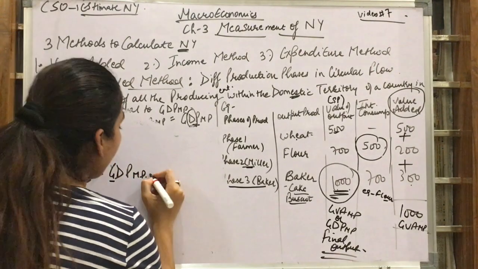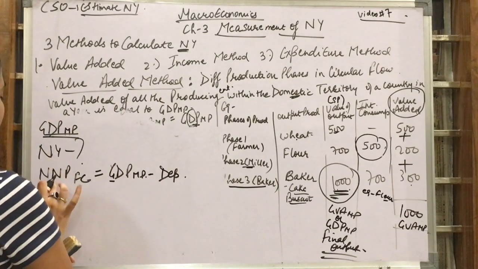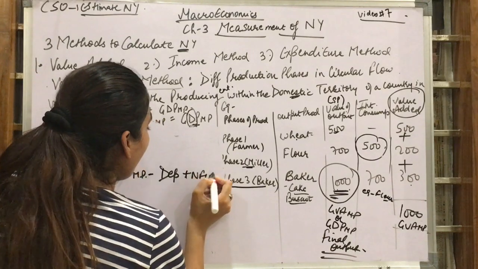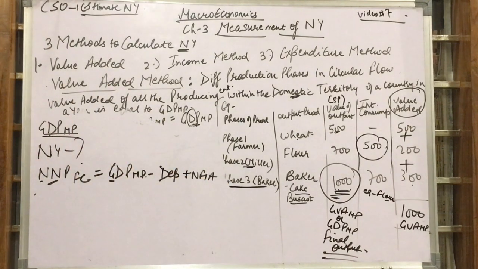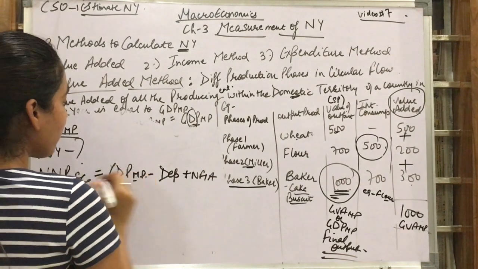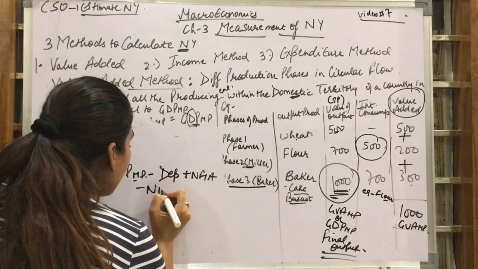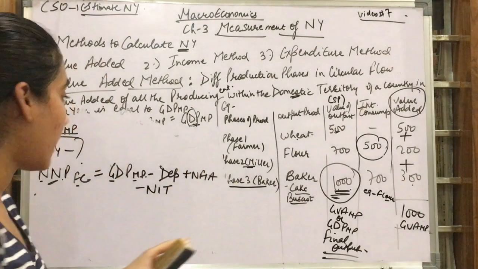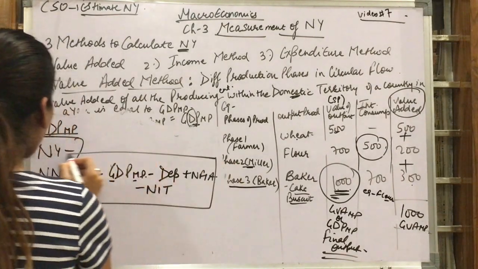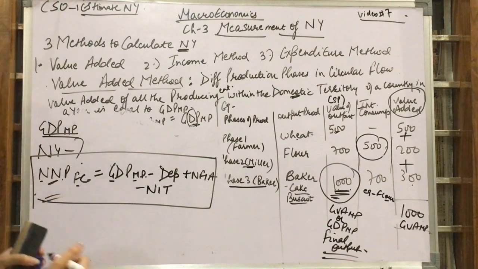So gross minus depreciation, we get the net. Then we have to find out national. So domestic plus NFIA, we will get national. Then FC: market price is given, so market price minus the NIT, that is net indirect tax, and we will get the factor cost. This is the method with the help of which we can calculate the national income.